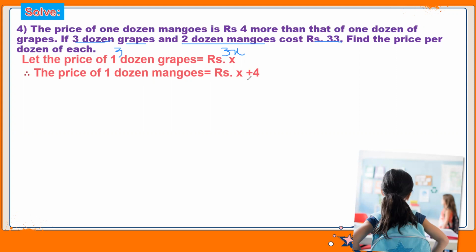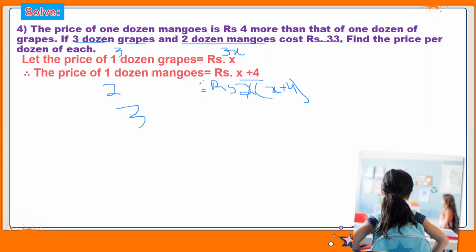If the price of 1 dozen mangoes is X plus 4, then the price of 2 dozen mangoes will be 2 multiplied with this whole expression, that means 2 multiplied with X plus 4. Is it clear?